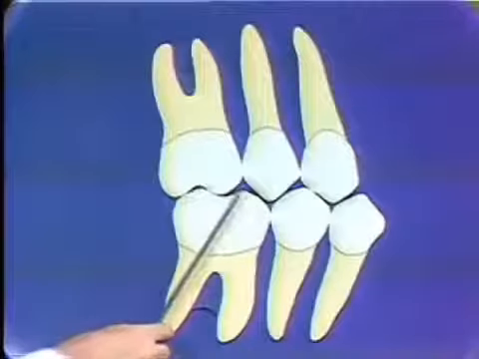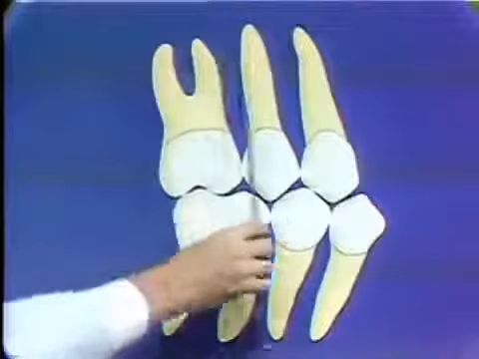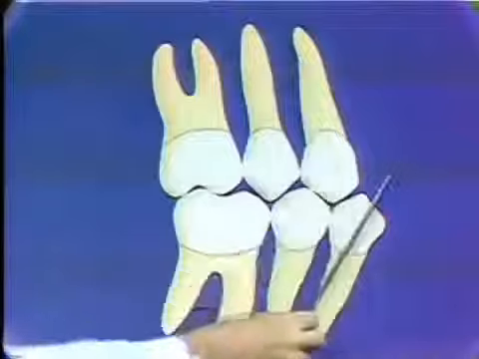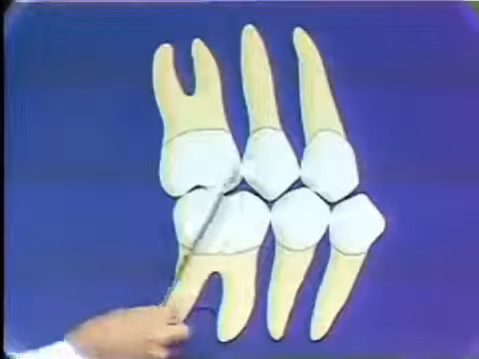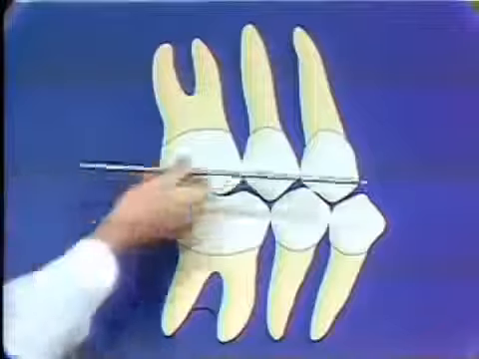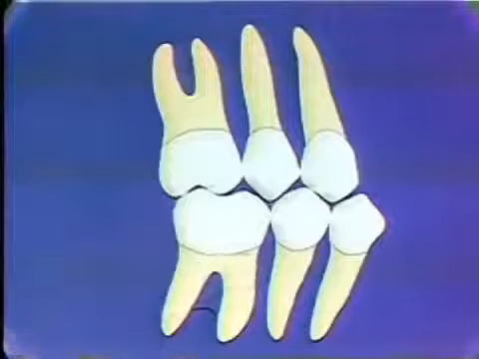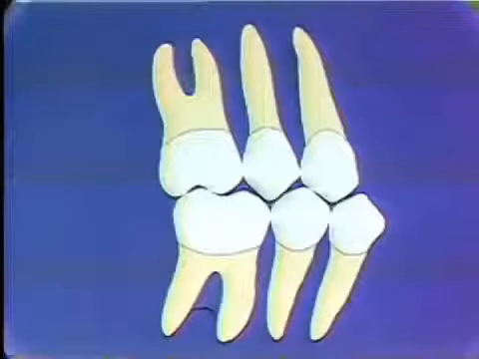It moves mesially because of the inclination of all of the roots of the maxilla in this direction and the mandible in this direction. So that as they come together, a forward component is developed which tends to push the teeth forwards in their socket.